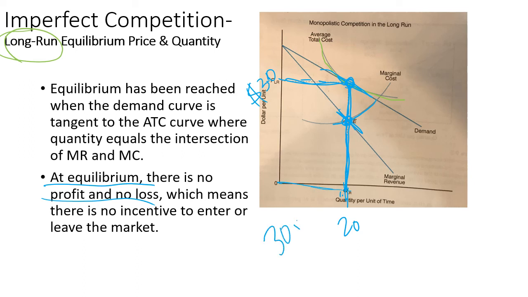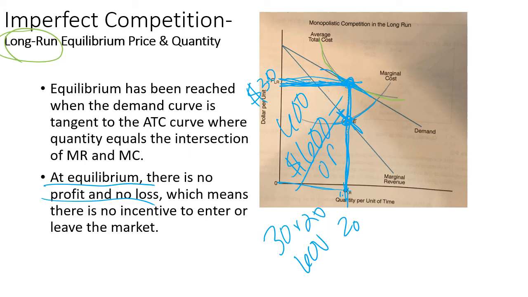So 30 times 20 is 600. So revenue is $600, but our cost of production is also $30 per unit. So our revenue is 600 and our cost is 600. So we have zero profit and we also have zero loss.